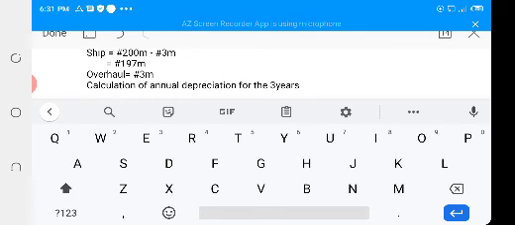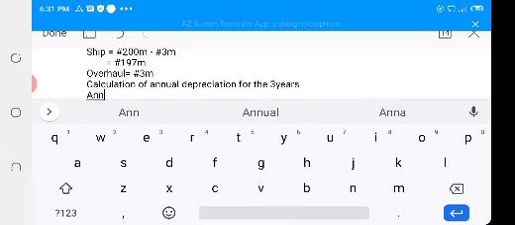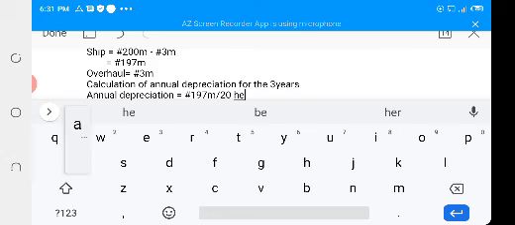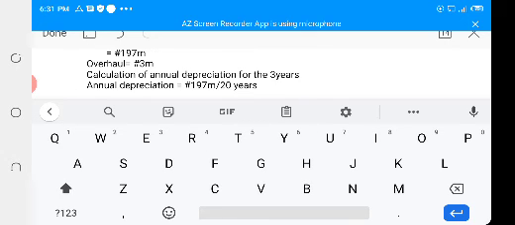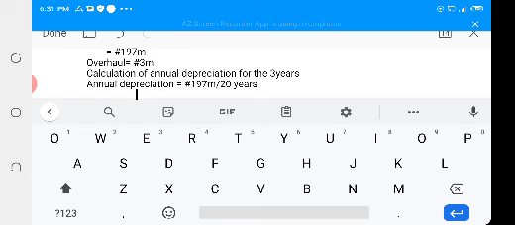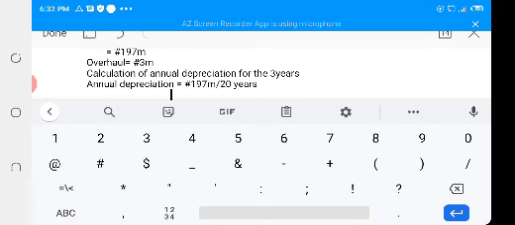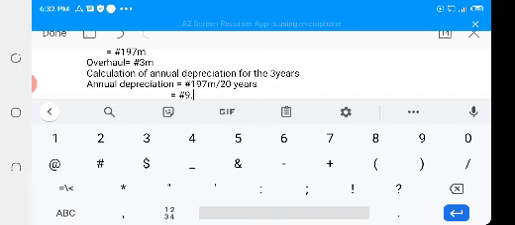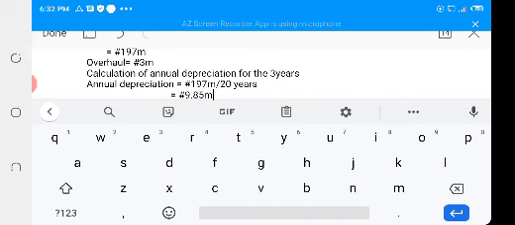For the 3 years, we have annual depreciation, which will be 197 million divided by 20 years. So we have 9.85 million.